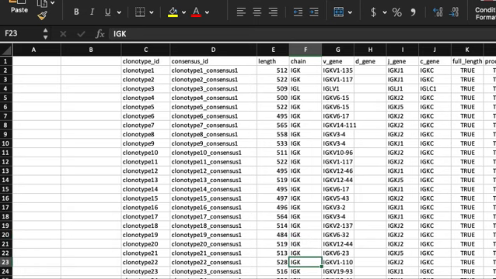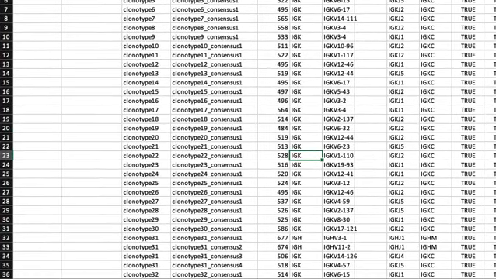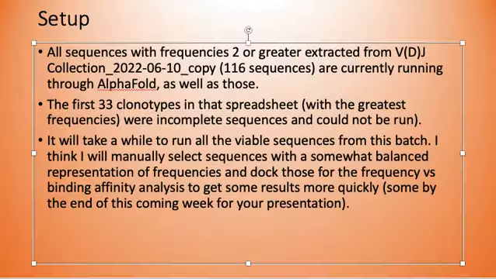They're not complete. So the first 33 are junk, essentially. I mean, okay, 31 has 2 heavy chains that I have to select between. But the remainder, up until about 33, are incomplete sequences, and I can't really do much with those.